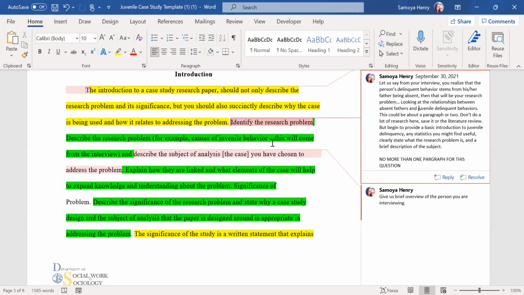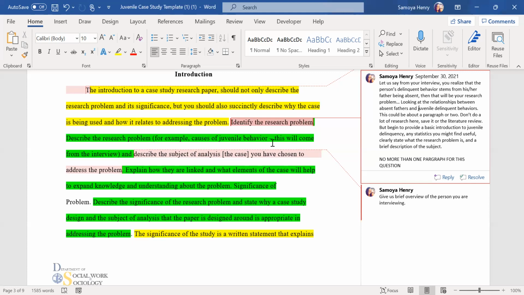And then you realize, since the father left, the person was angry, the mother was more stressed, grades started to drop, and the person started to engage in some behaviors that were not lawful. Therefore, your research problem could be, I wonder what studies may say about the relationship between absent fathers and juvenile delinquent behavior.